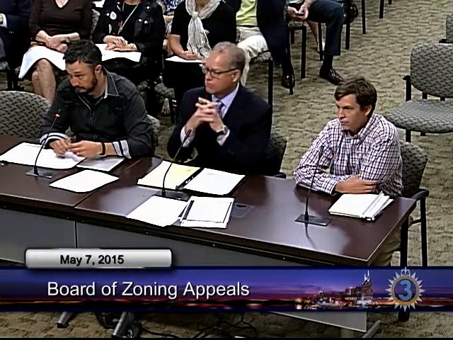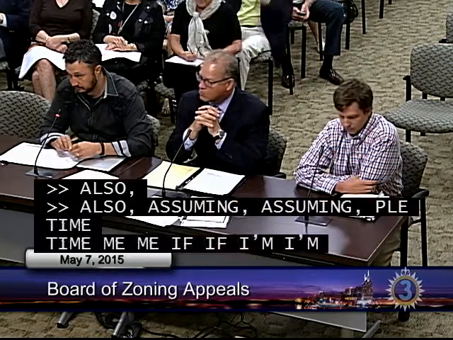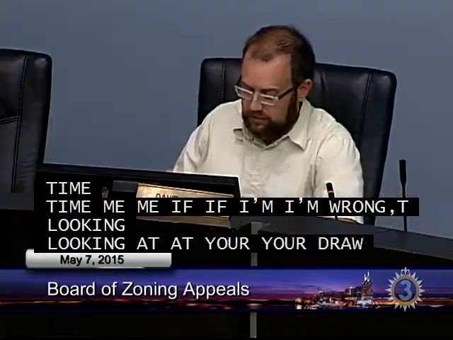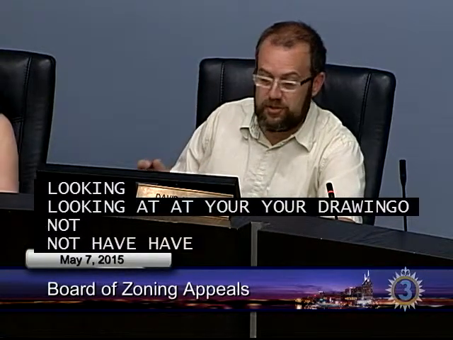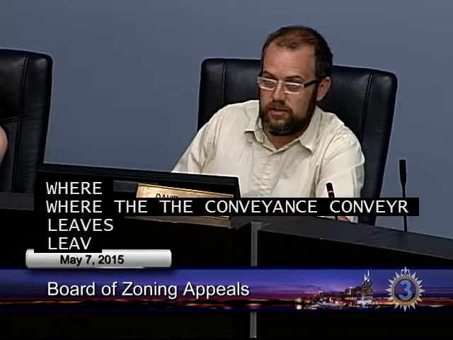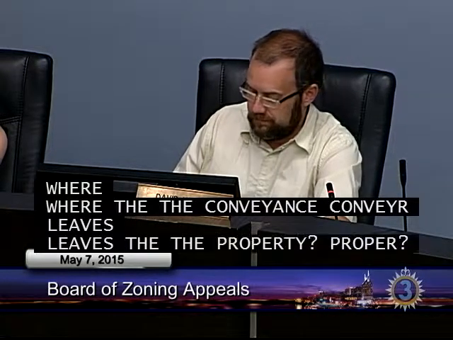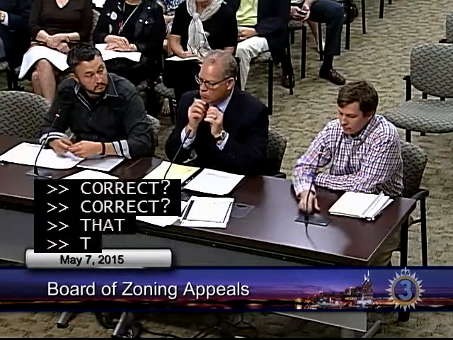And I'm also assuming, please tell me if I'm wrong, but looking at your drawing, you do not have control of where the conveyance enters or leaves the property, correct? That is correct. We can only touch our site.